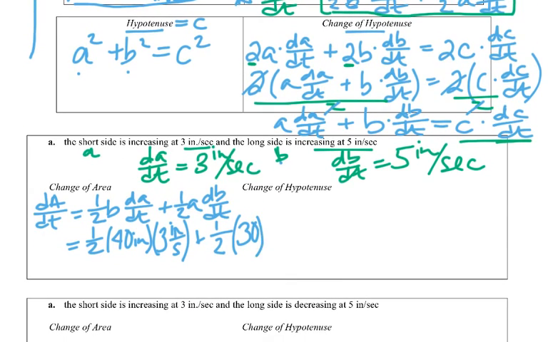Okay, so 30 inches there, and dB dt is 5 inches a second. Okay, when we multiply that all together, 1/2 times 40 times 3 plus 1/2 times 30 times 5, we get that dA dt equals 135 inches squared per second.